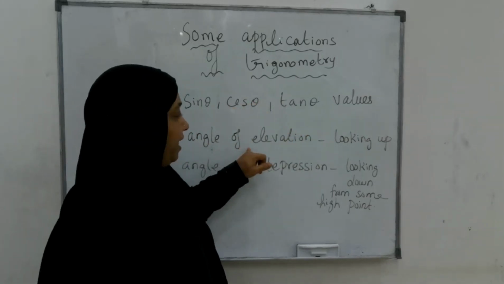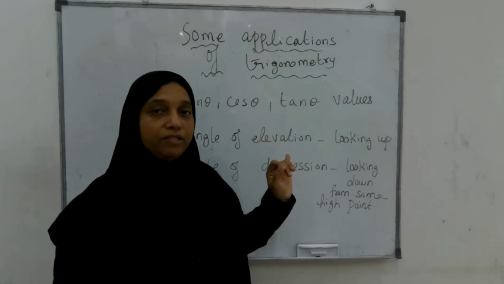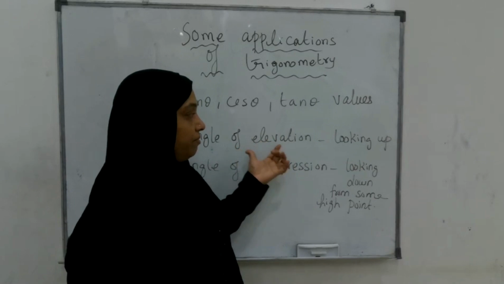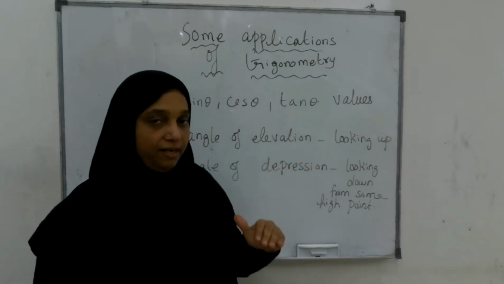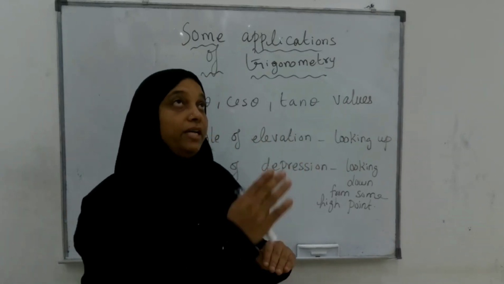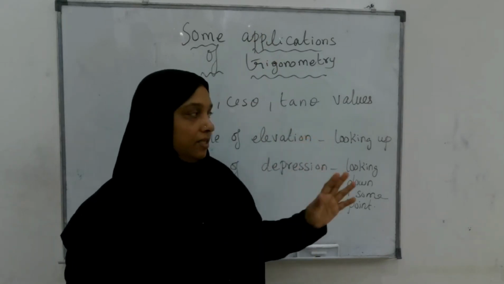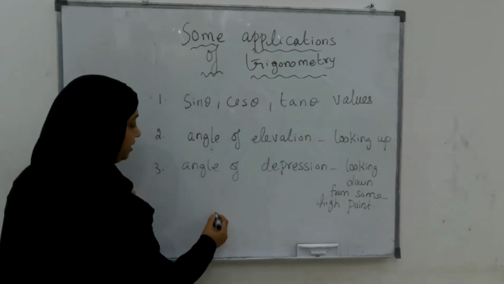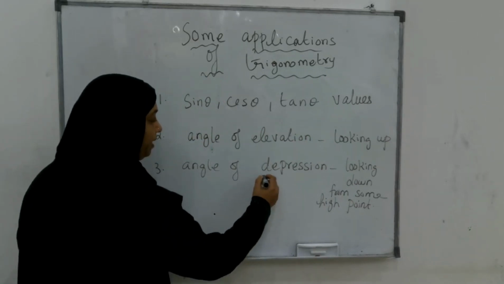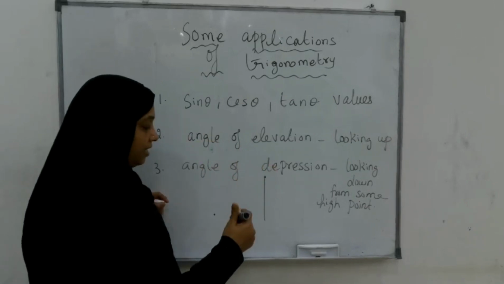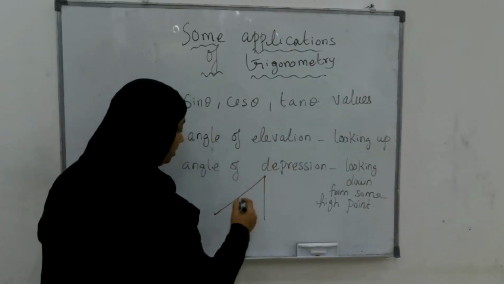Then angle of elevation. Angle of elevation is a word they will use in that sum. Angle of elevation means standing at a low level and looking up at something. Suppose we are standing at a point down and there is a building, and we are looking at the top of the building. That is the angle of elevation.